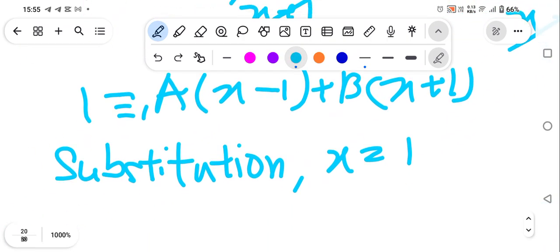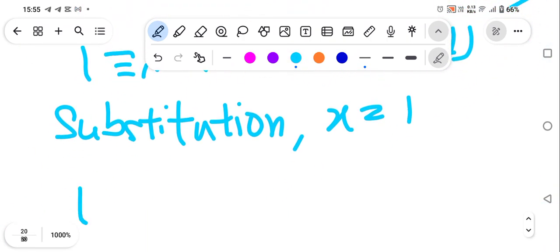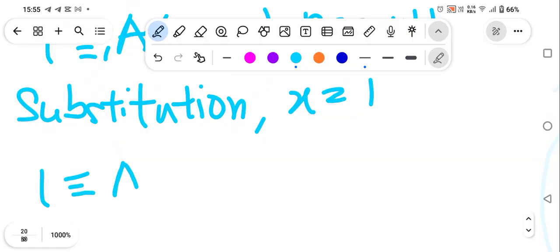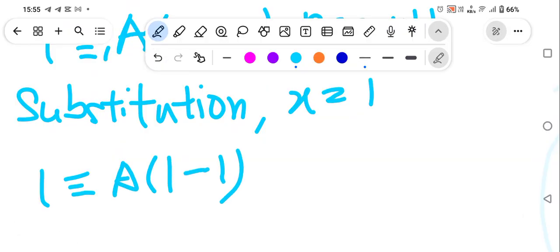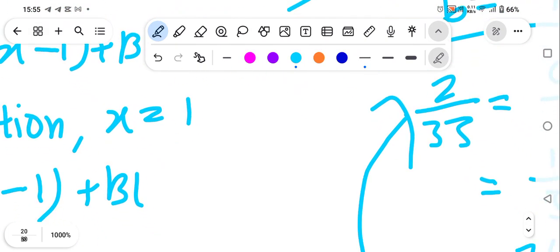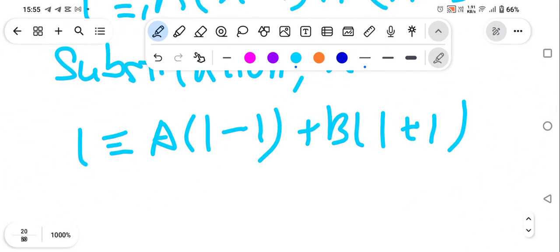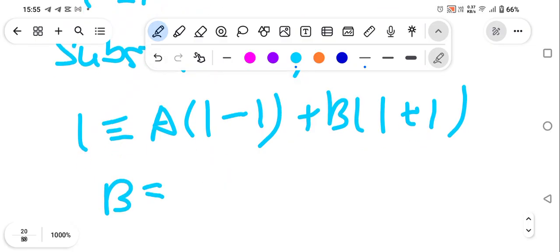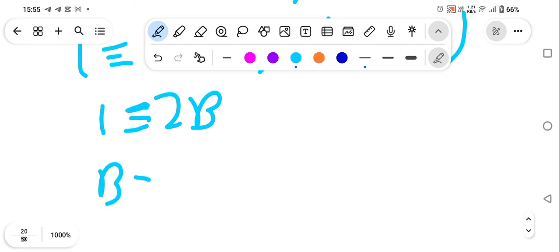So 1 will be equal to a times 1 minus 1 plus b times 1 plus 1. So this a is going to cancel, it becomes 0, and 1 will be equal to 2b. So b equals 1 over 2.